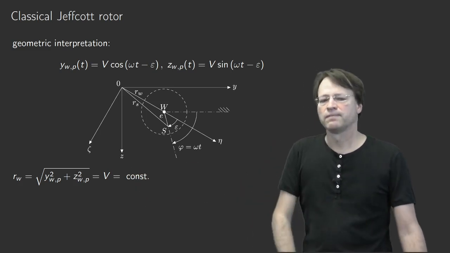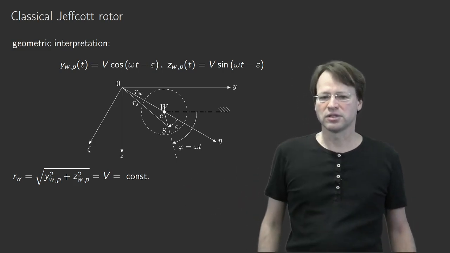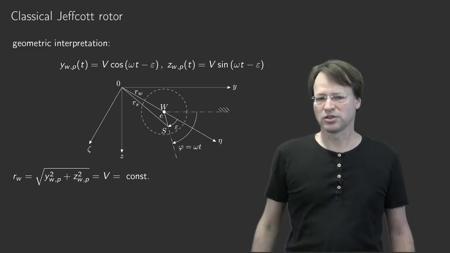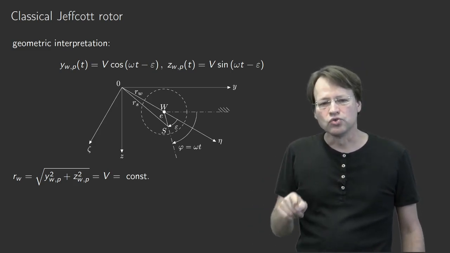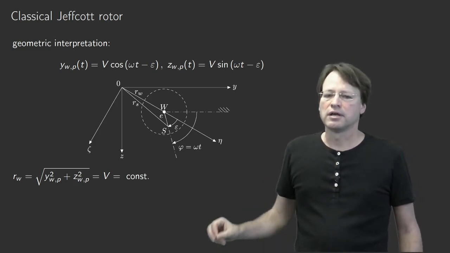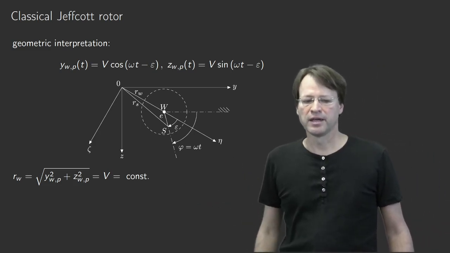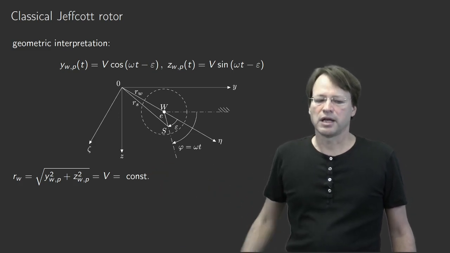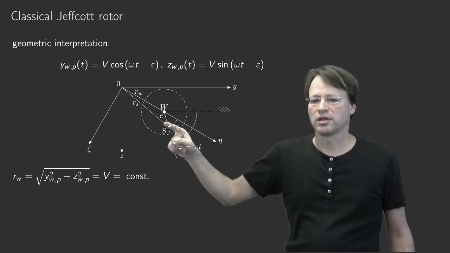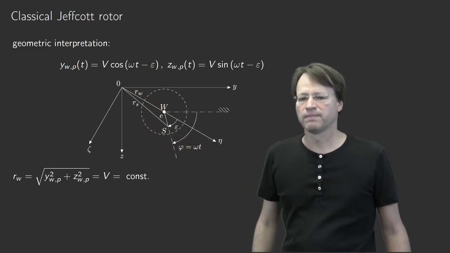It's a constant as long, of course, as you do not change the system parameters, but why should you change the system parameters? It's always the same rotor. And as long as you do not change the rotational speed of your rotor, so you operate in stationary state, then r sub w is a constant during that motion, so that length is unchanged.